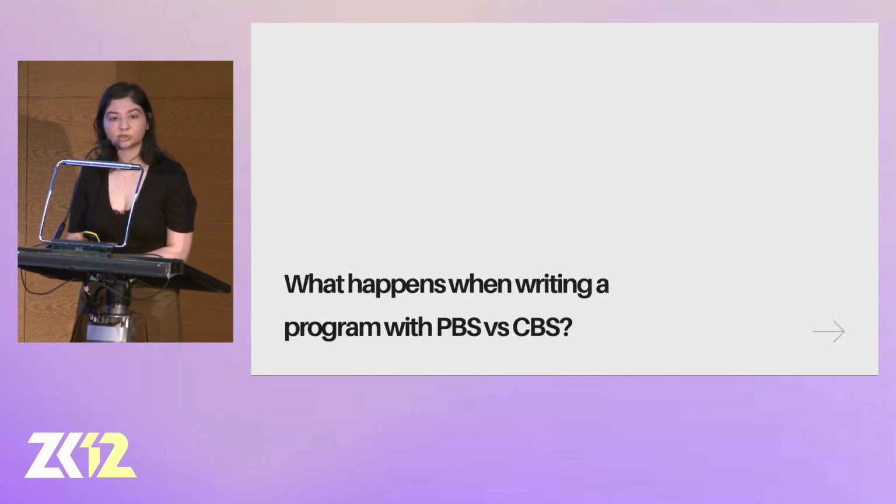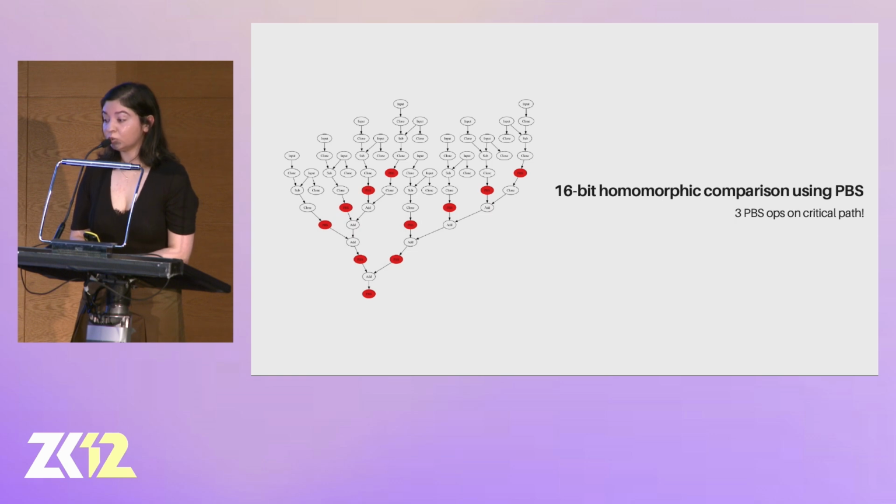What actually happens when we try to write a non-trivial program using these two approaches? So we're going to focus on a comparison program. The reason for that is because the whole reason to use the TFHE scheme is to get cheap comparisons over encrypted data. I've chosen 16 bits because it's non-trivial and it fits nicely on a slide.